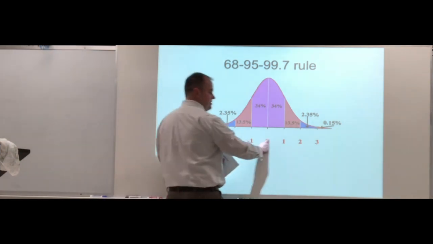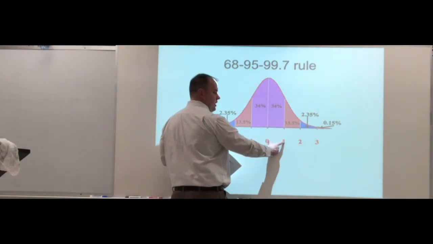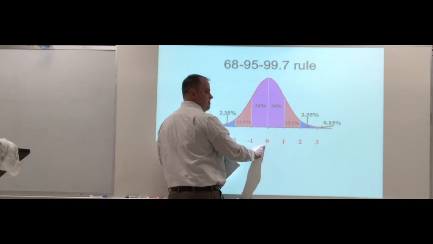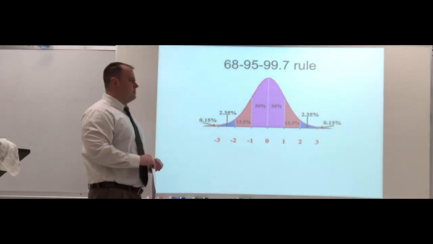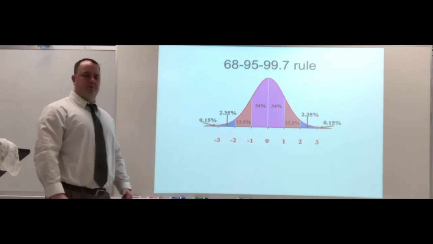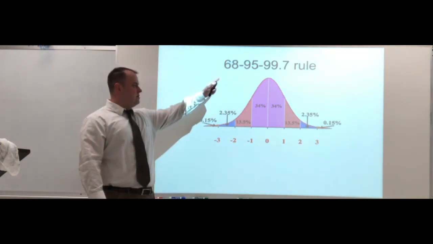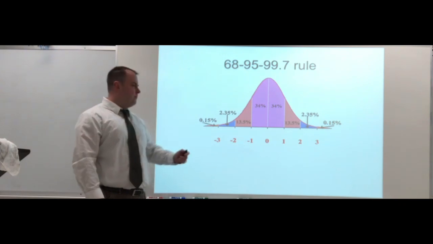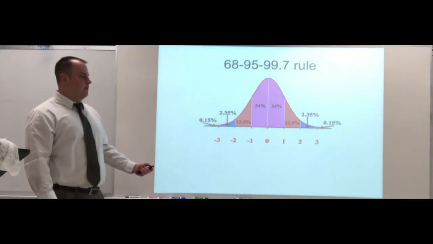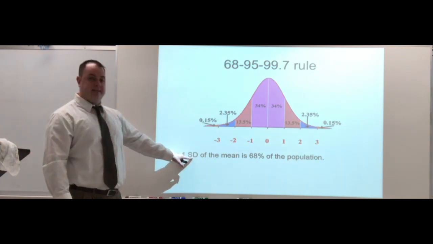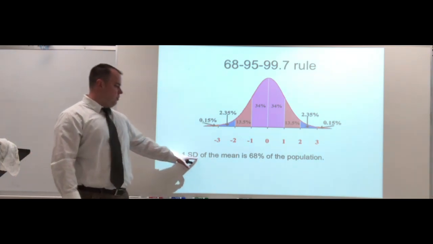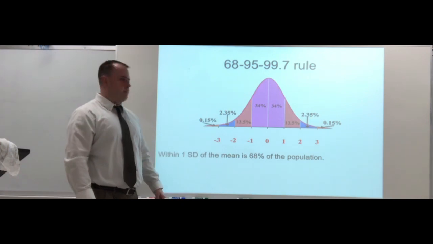Okay? So within 1 standard deviation, from 0 to 1 is 34%. 0 to -1 is 34%. And if you add up those percentages, that's going to give you the totals. Now, the way we get our 68-95-99.7 rule is judging by within how many standard deviations. Within 1, abbreviated as SD for standard deviation, within 1 standard deviation of the mean is 68%.